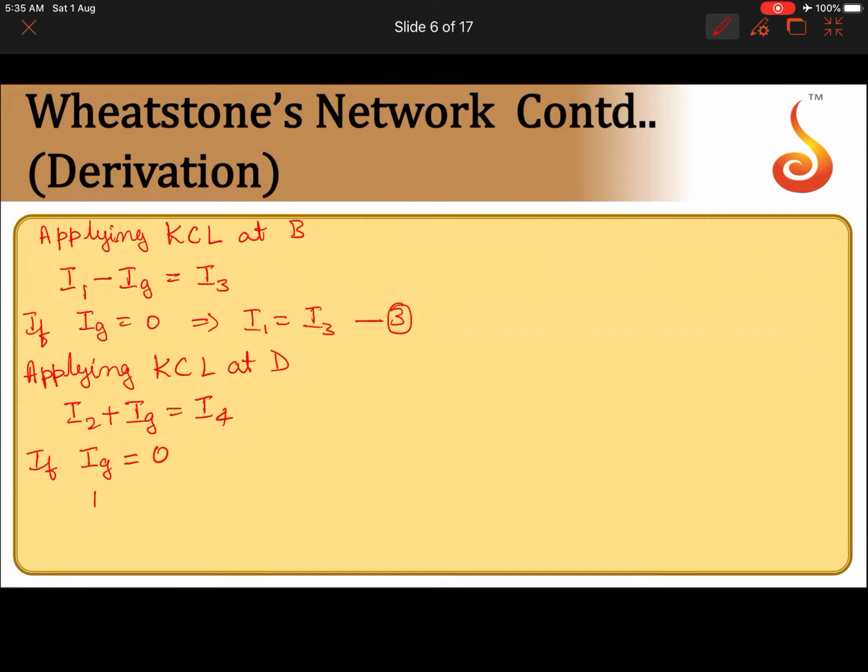If Ig is equal to 0, you'll get I2 is equal to I4. Call it equation 4.